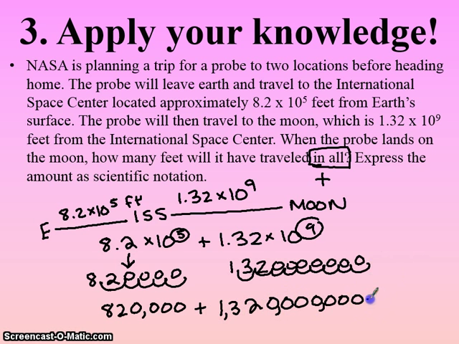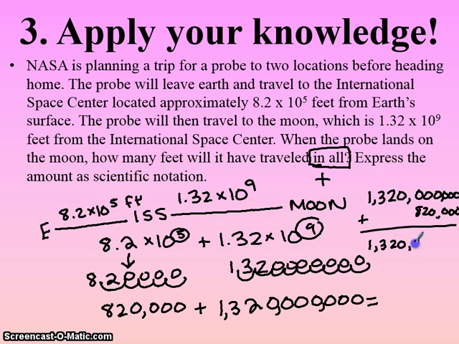Okay, now we need to add these together. So if we take and add them together, lining up the decimals because they are whole numbers, we get 1,320,820,000, which is still a very large amount.